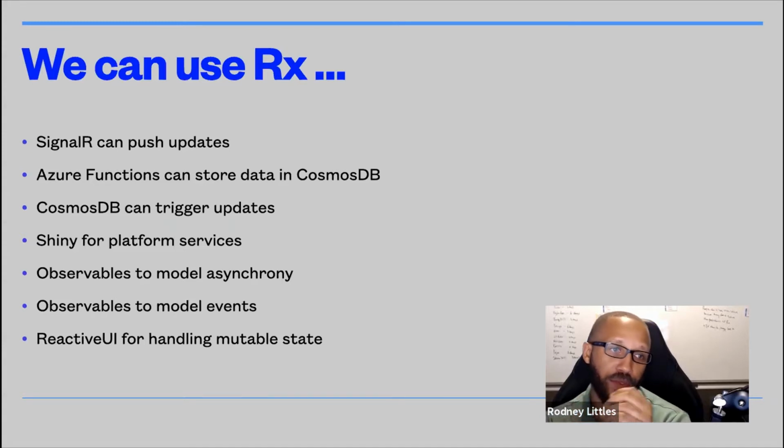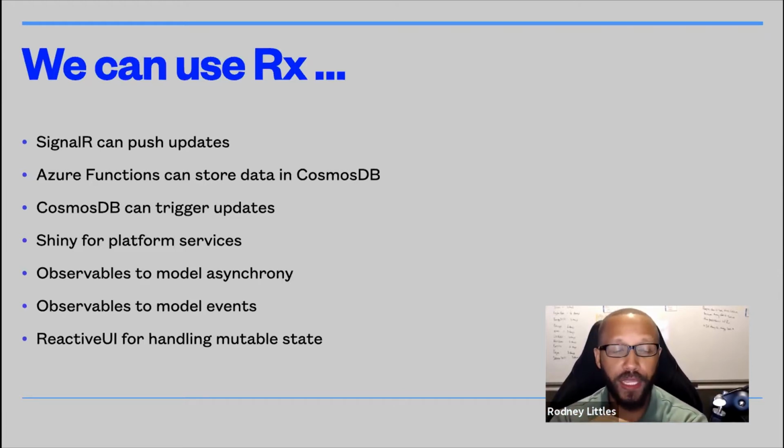We elected to use Shiny for the platform services because Shiny is a nice new thing, and I like shiny new things. It'll allow us to get location services, so we can determine the distance between certain establishments to decide whether we might want to put certain things in priority above other things.